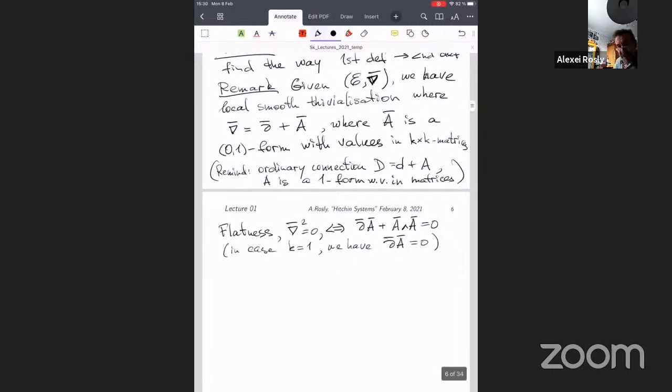The change of local trivialization is reflected in that the connection one-form changes by a gauge transformation. I mean, of a change of local smooth trivialization. It produces the following change, gauge transformation.